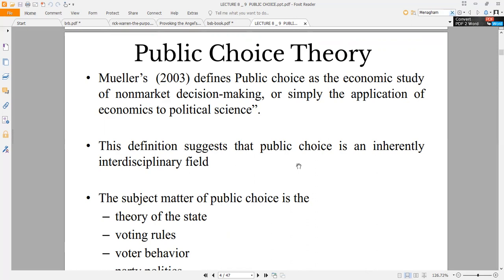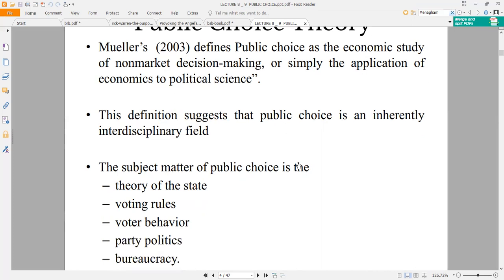So given this definition, we can say that public choice is not just for a particular course. It's not just economics, it is interdisciplinary. We are combining political science and economics before we can actually know the goods and services that are supposed to be produced in any economy. So public choice is the combination of economics and political science.